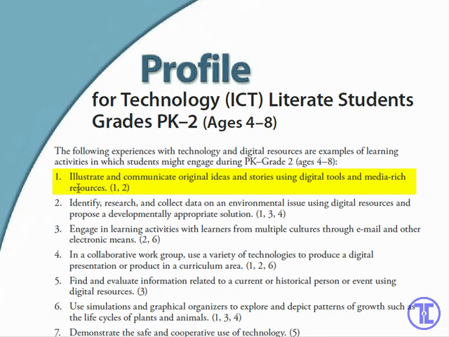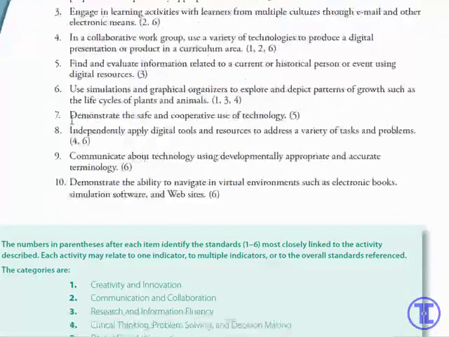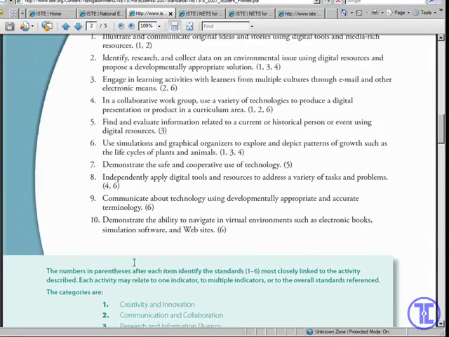And this goes back to Standard 1 and Standard 2. And then we go down to 2, 3, 4, right through 10. These are the standards. So here are the major standards, and these numbers over here refer to these standards. That's how they're interconnected.